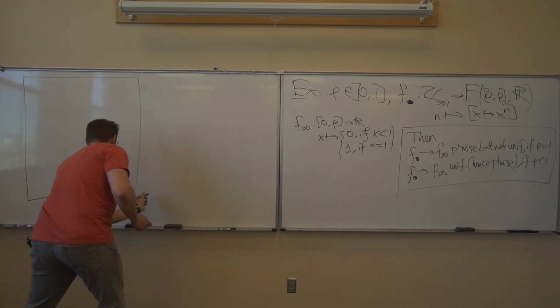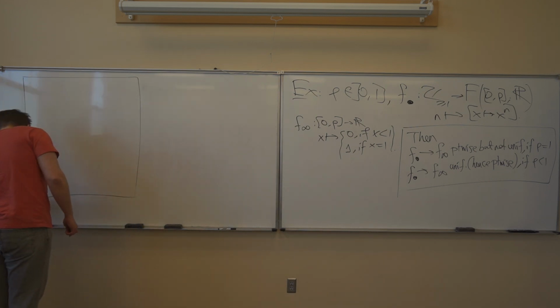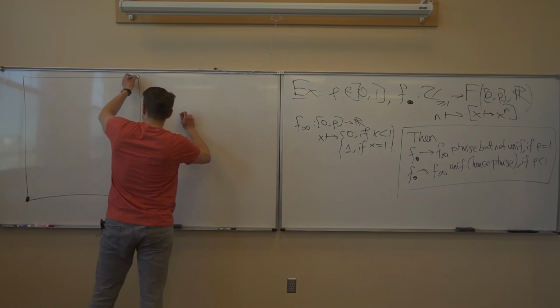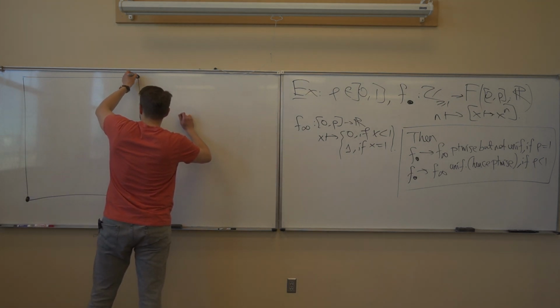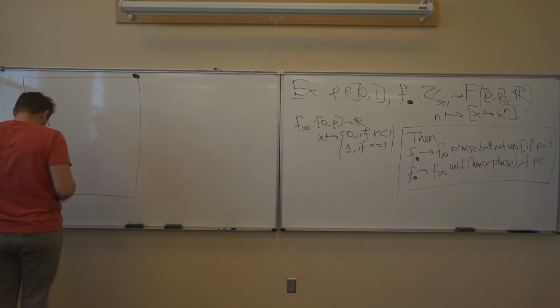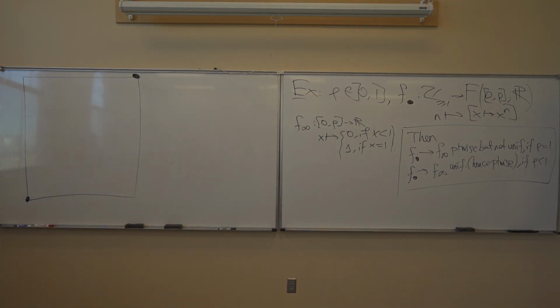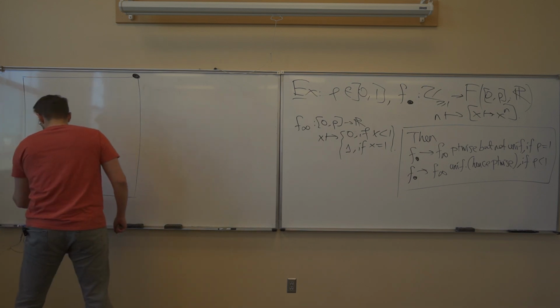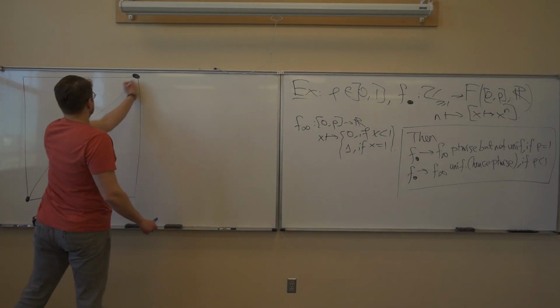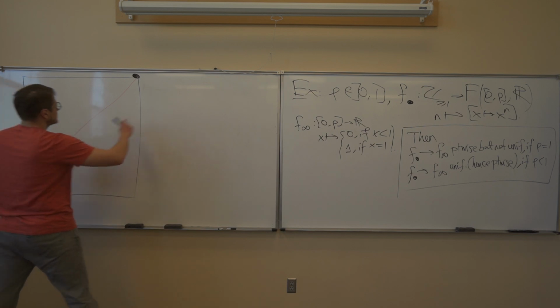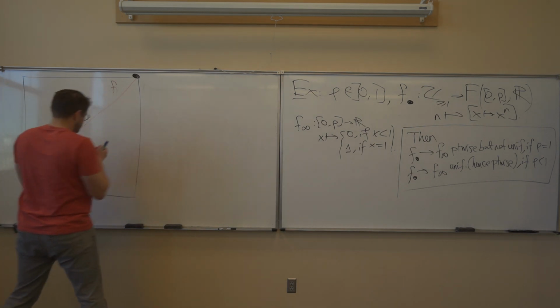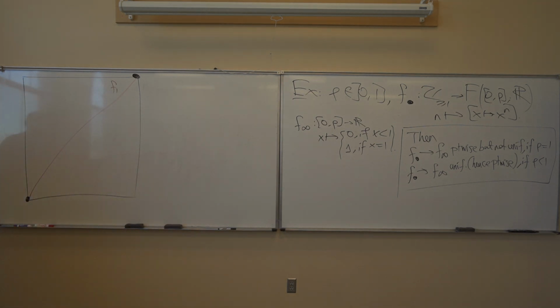So here's the graph. They all start at 0. They all end up at 1. Okay. When n equals 1, I have the diagonal function. Assume that this is diagonal. And then when n equals 2, I have the parabola.